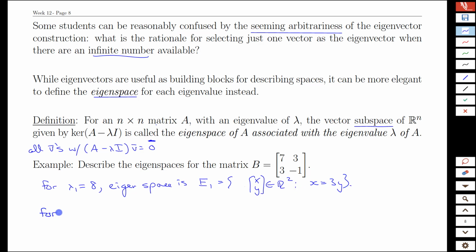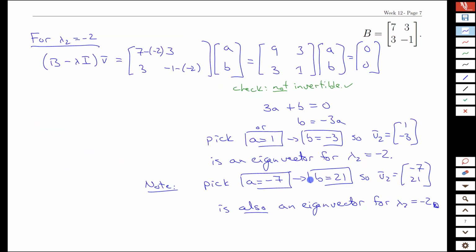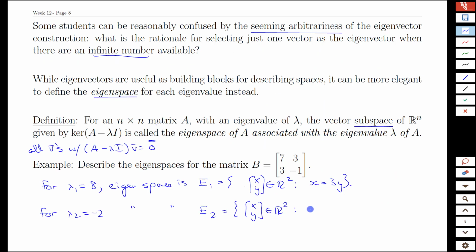Let's just repeat that for lambda 2 here. The eigenspace is E2, which is the set of x and y's in R2, such that, well, what was it for these guys? This was b equals minus 3a. This is the x, that's the y, so y is minus 3x.